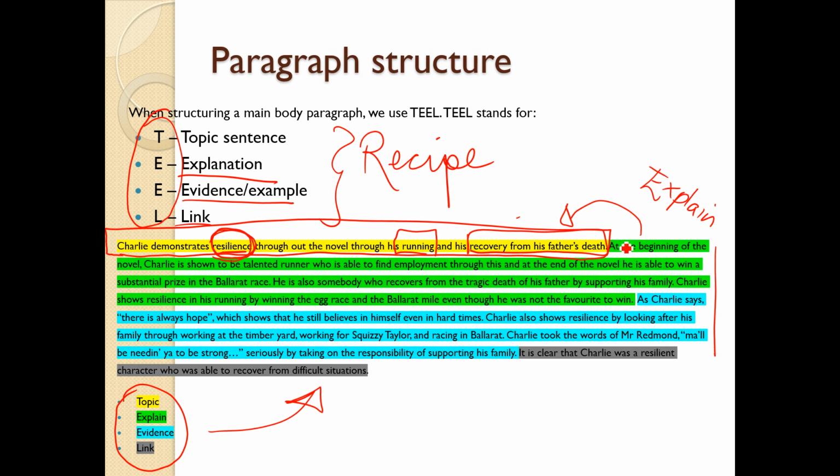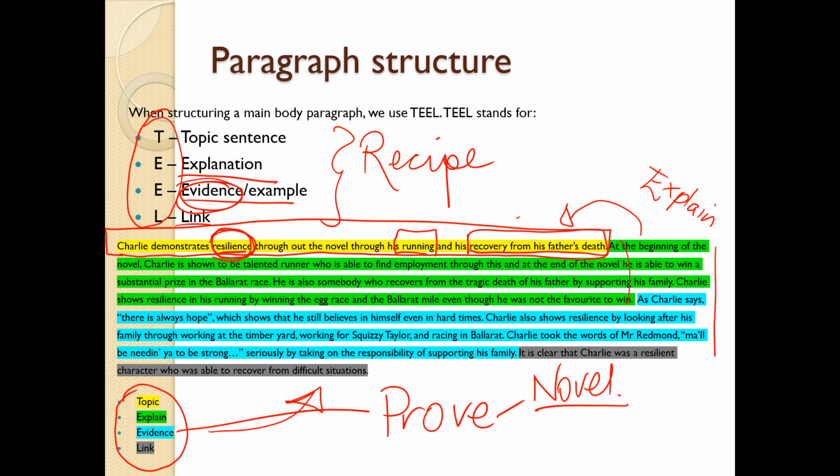Now, you make these claims, but now you need what we call the evidence, the proof. The evidence is going to prove it, and the evidence must come from the novel. So, as Charlie says, there's always hope, which shows that he still believes in himself even in hard times. Notice this. This is called a quote, and we're asking you to include quotes in your body paragraph.